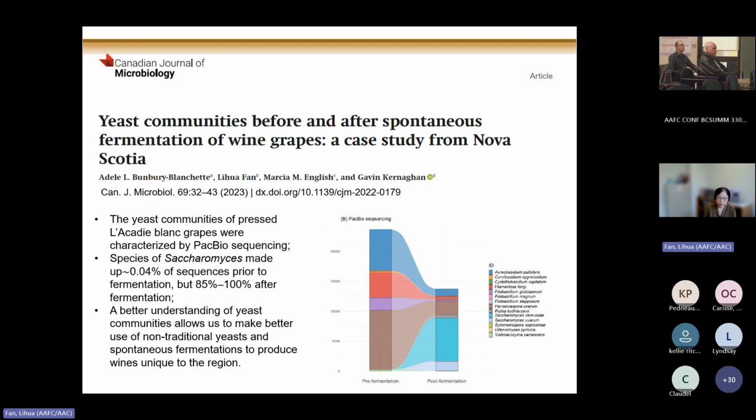We found that species of Saccharomyces yeast only made up 0.04% pre-fermentation, and then that reached 85% to 100% after fermentation. A better understanding of yeast communities allows us to make better use of non-traditional yeast and spontaneous fermentation to produce wines unique to the regions.